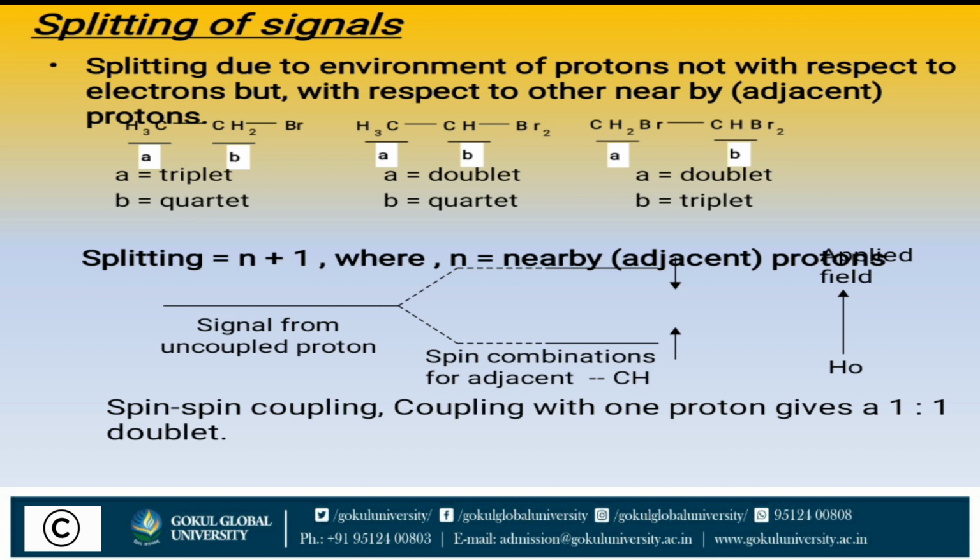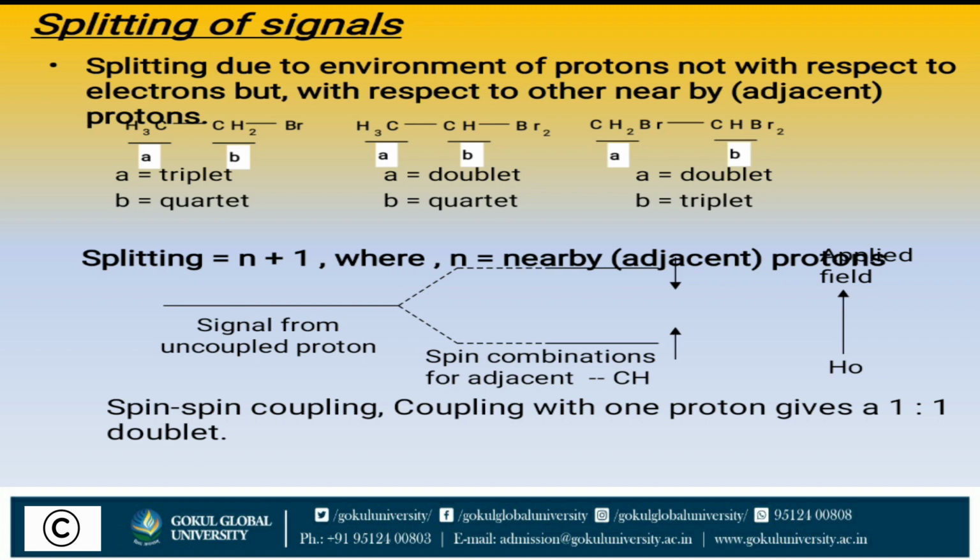To calculate the splitting of signal, it is n plus 1 for the neighboring group protons. If the neighboring carbon has two protons, then 2 plus 1; if the neighboring carbon has 3 hydrogens, meaning 3 protons, then 3 plus 1 is 4, so the splitting is 4.